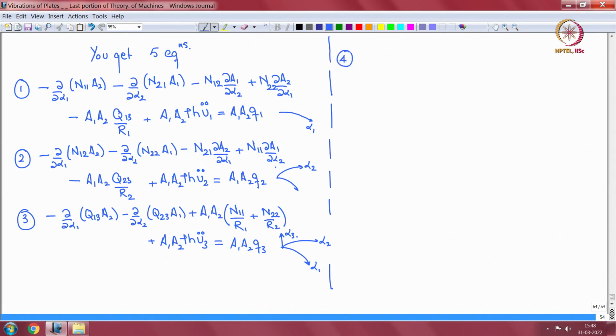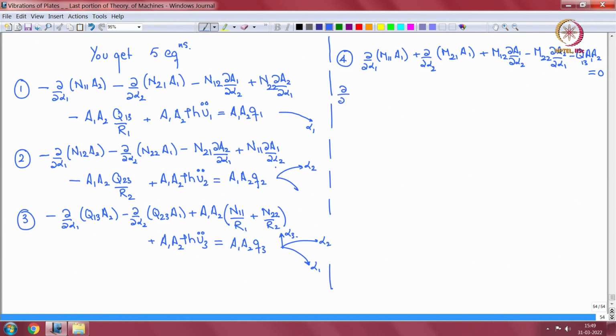So the fourth one is del alpha 1 m11 a1 plus del alpha 2 m21 a1 plus m12 del a1 by del alpha 2 minus m22 del a2 by del alpha 1 minus q13 a1 a2 equal to 0. It's an equilibrium equation, okay.